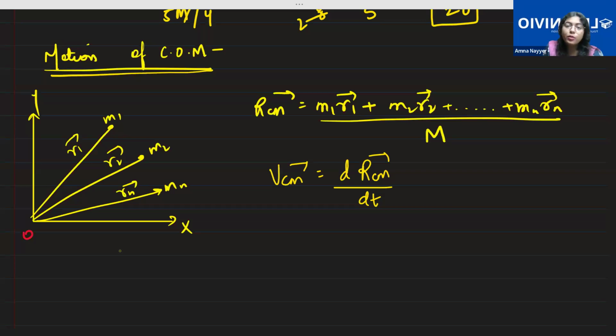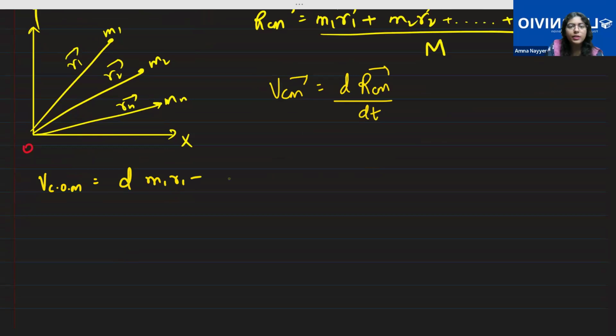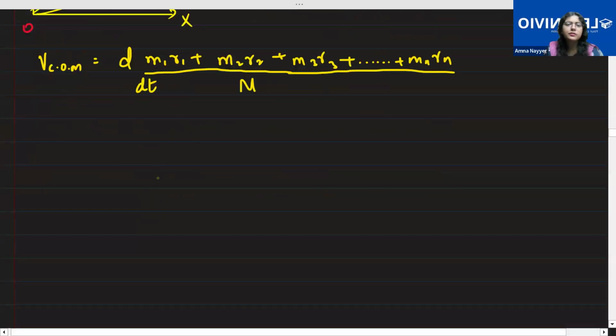Now let's differentiate the position of the center of mass. It will be M1R1 plus M2R2 plus M3R3 till MnRn, divided by the total mass M, with respect to dt. Okay, so mass will be taken out.